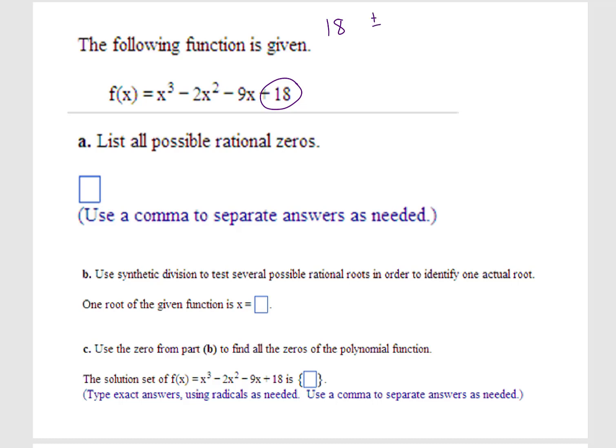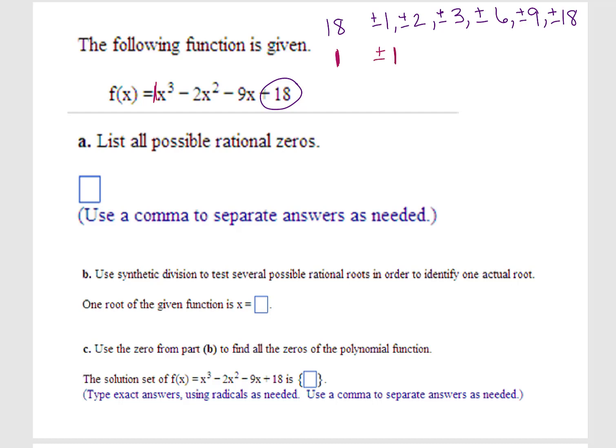So plus or minus 1, plus or minus 2, plus or minus 3, plus or minus 6, plus or minus 9, and plus or minus 18. Okay, and then we're going to take our leading coefficient and write the factors out for that, plus or minus 1.